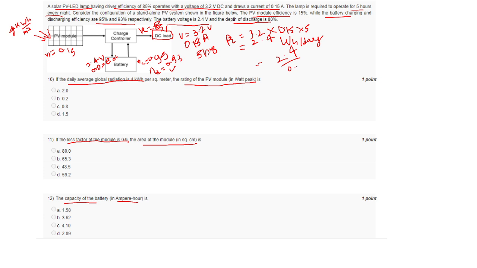So considering this driver efficiency, the actual amount of energy required will come around 2.824 watt hour per day. So this is the actual amount of energy required to drive this DC load.